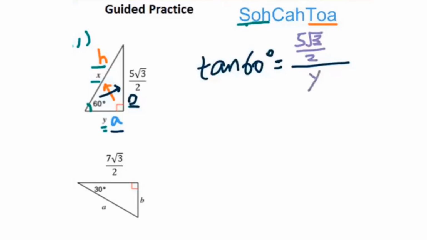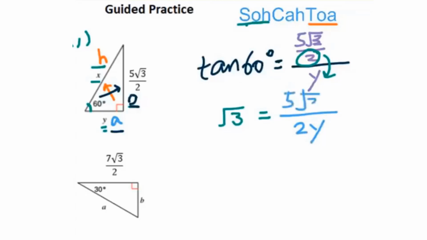We know tangent 60 will be square root of 3. And on the right side, that's a complex fraction, so I drop these two down to the bottom. Only focus on the denominator. That's how you get 2y as the denominator, then 5 square root of 3. Okay, I will do square root of 3 over 1 for the left side, then I cross multiply.